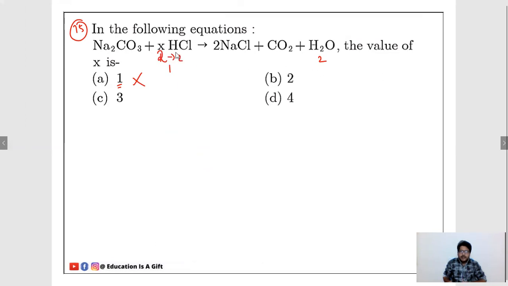Okay, hydrogen got balanced. Chlorine: if you substitute 2 here, 2 chlorines, and on the other side, of course, 2 chlorines. Yes, 2 might be the answer. Substitute 3: 3 hydrogens against 2 hydrogens, no. So the answer is directly 2. Straight away you can substitute and check the numbers.